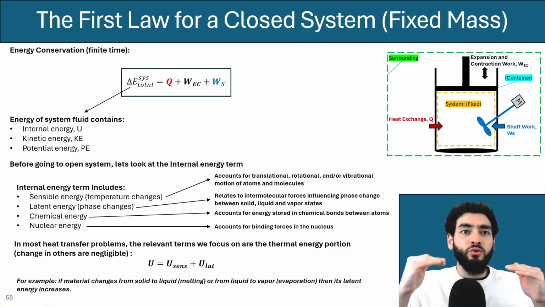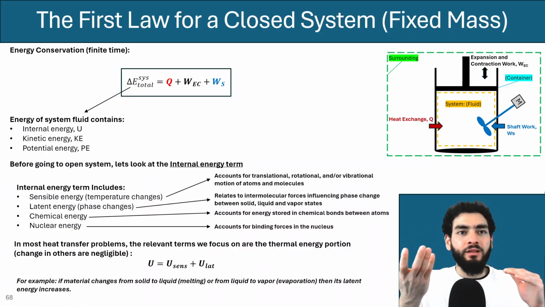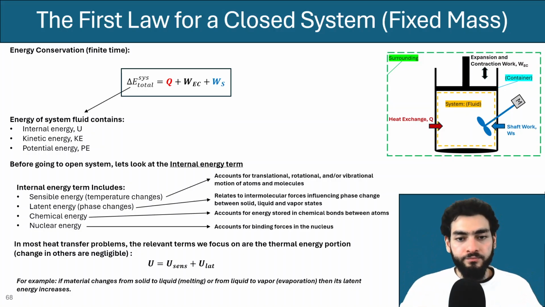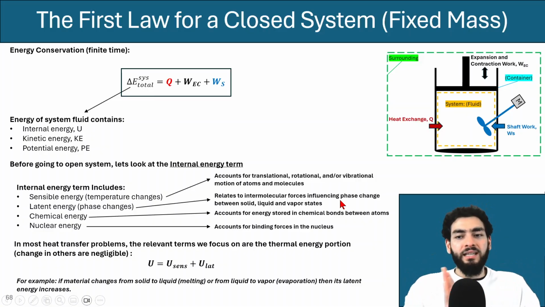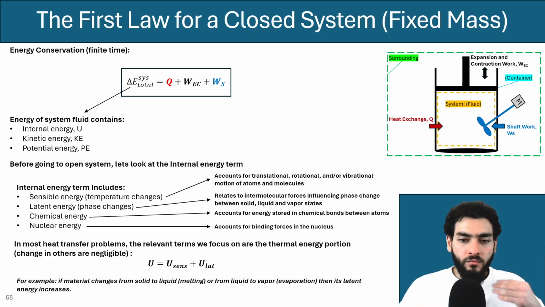If the temperature of a fluid goes up, then its sensible energy starts going up. It also includes latent energy, and this relates to the intermolecular forces influencing phase change between solid, liquid, and vapor states. So if a material changes from solid to liquid, meaning it melts, or it changes from liquid to vapor, so it evaporates, then its latent energy increases.